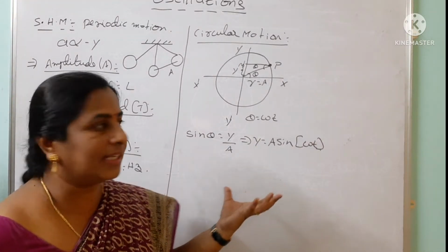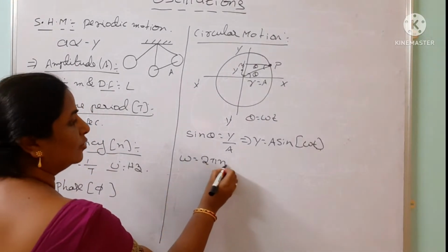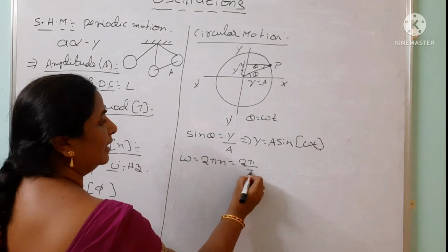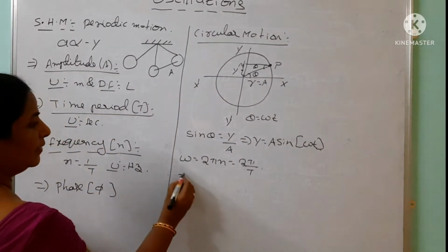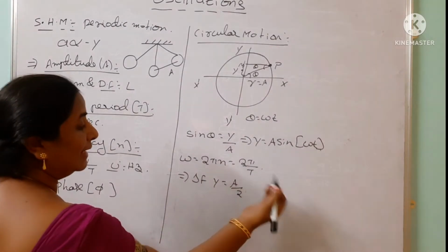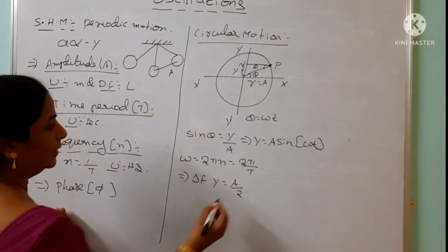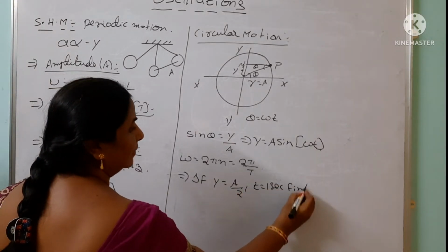Here, what is omega? Omega is the angular frequency. The formula is 2 pi n, which equals 2 pi by T. Now we do one problem based on this. If y equals a by 2, meaning the particle is at half of the amplitude, and t equals 1 second, find the time period.